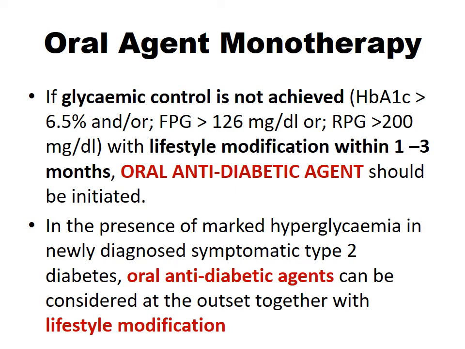Oral treatment of diabetes mellitus with anti-diabetic drugs. If glycemic control is not achieved with diet and physical exercise, this means that the HbA1c is more than 6.5%, fasting blood glucose level is more than 126 milligram per deciliter, or random plasma glucose level is more than 200 milligram per deciliter.